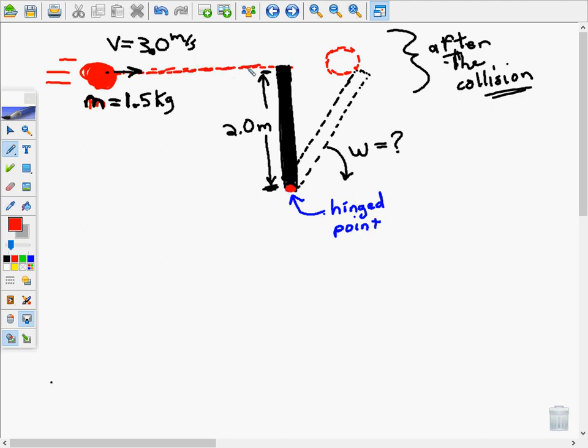And when that wad of clay sticks to the end of this board that's hinged at the one end, an inelastic collision occurs, and then the board and the clay start to pivot about that pivot point down here.